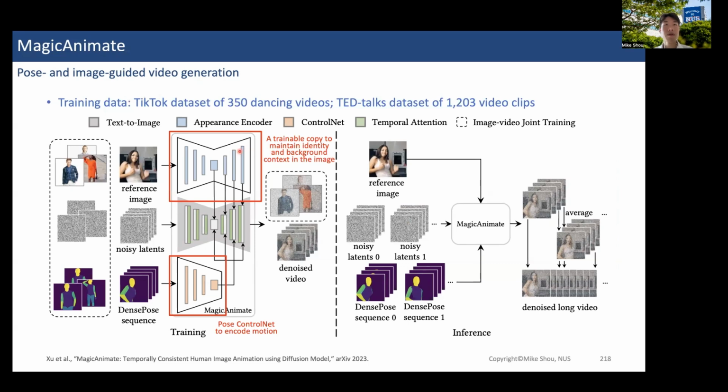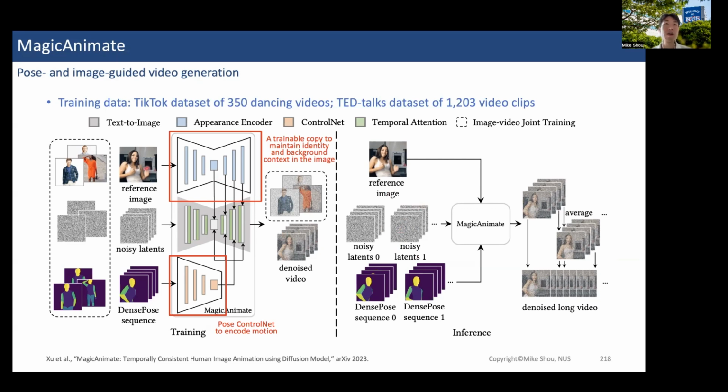For this work, we do need to train a unified module, so that it can learn about the motions and how to retain the background, etc. Once it has been trained, it can be used to animate any input single image. So we first talk about the training part, and later on we'll talk about the inference part.